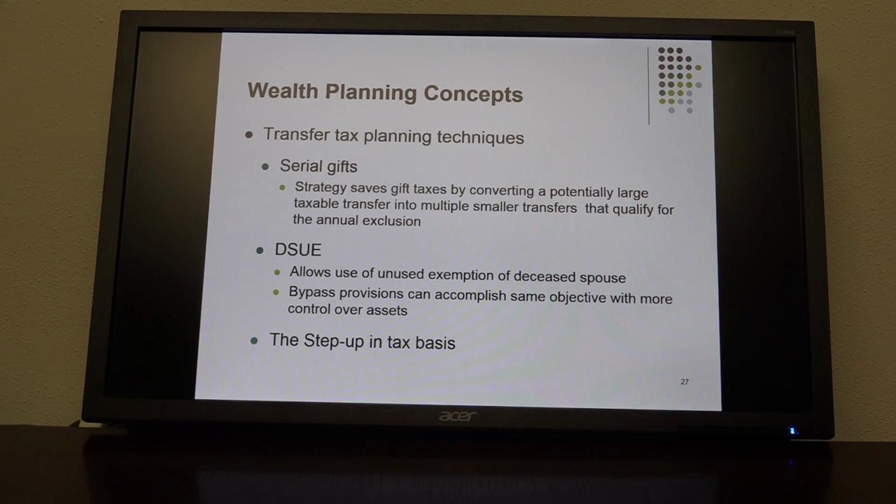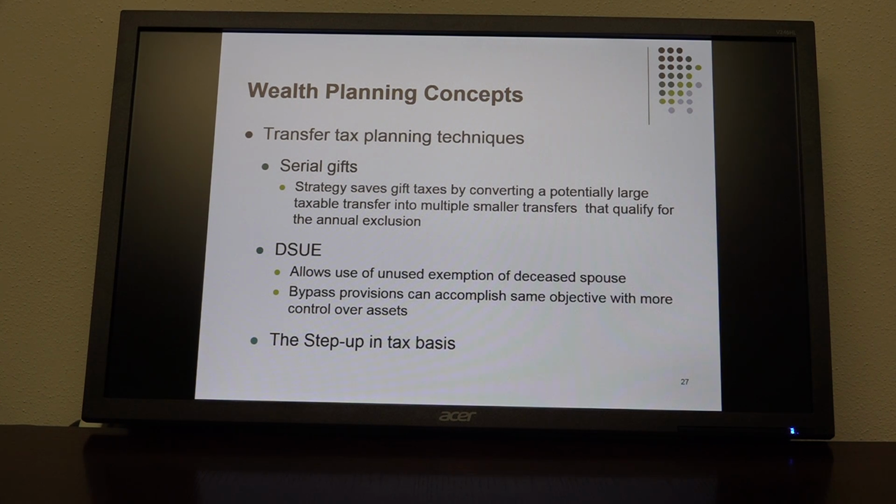Now, remember this deceased spouse unused exclusion has kind of done away with a strategy that a lot of tax planners used to use called the bypass trust. What you would do before this DSUE was enacted was, upon the death of the decedent, transfer the decedent's property to a testamentary trust.